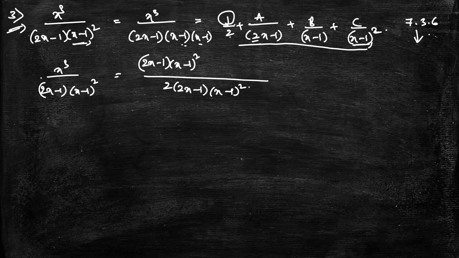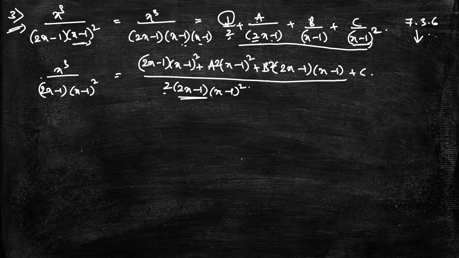After this, a goes with 2 into x minus 1 whole square. Then plus b into 2 into x minus 1, so it becomes 2 into 2x minus 1 into x minus 1. Then c into 2 into 2x minus 1 comes here.